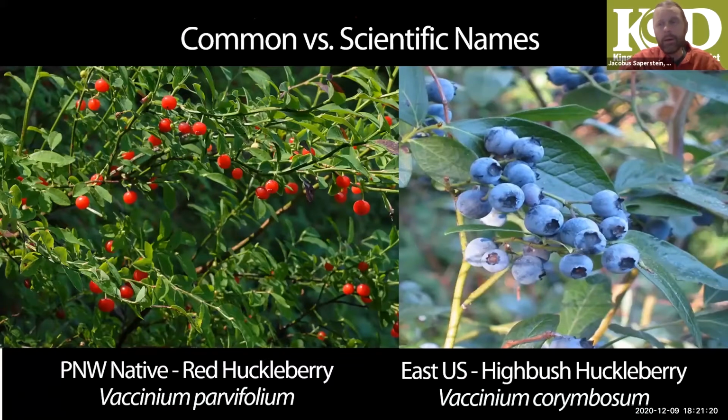Also, on a lot of my slides I'll be focusing not only on common names, but also throwing out scientific names. These are the Latin names, which are much more uniform across nurseries. If you go to buy plants, the more research you can do to find out the correct scientific name, the more assurance you'll have that you're getting the true native species you're looking for, because common names can sometimes be misleading.